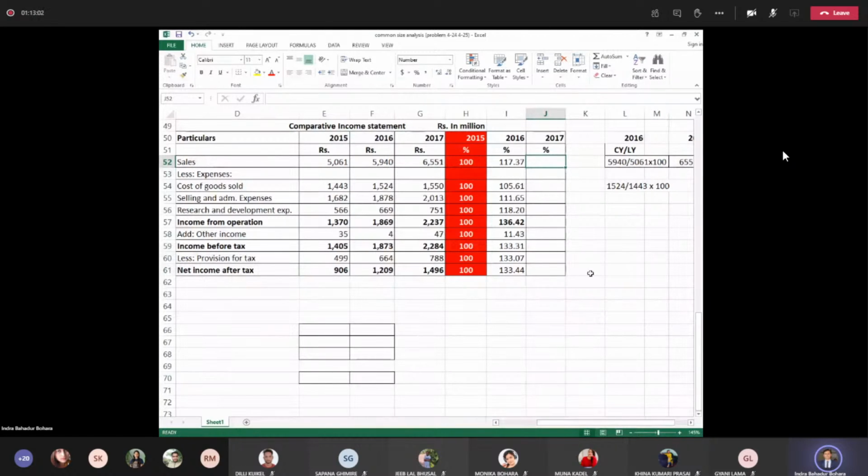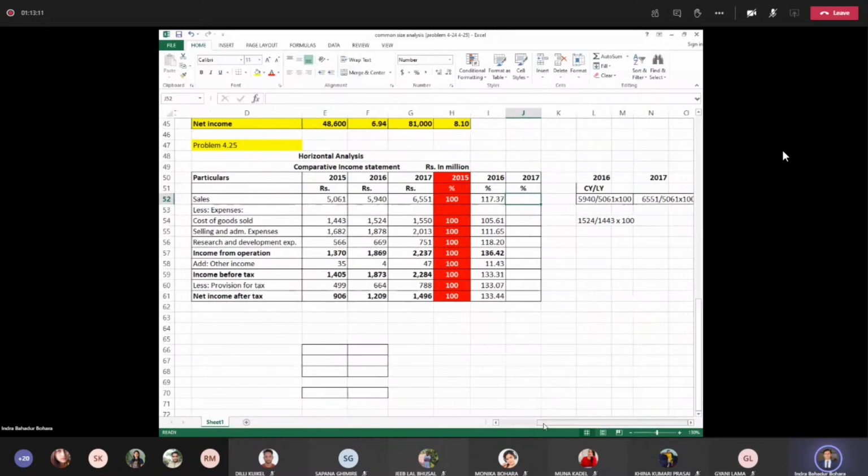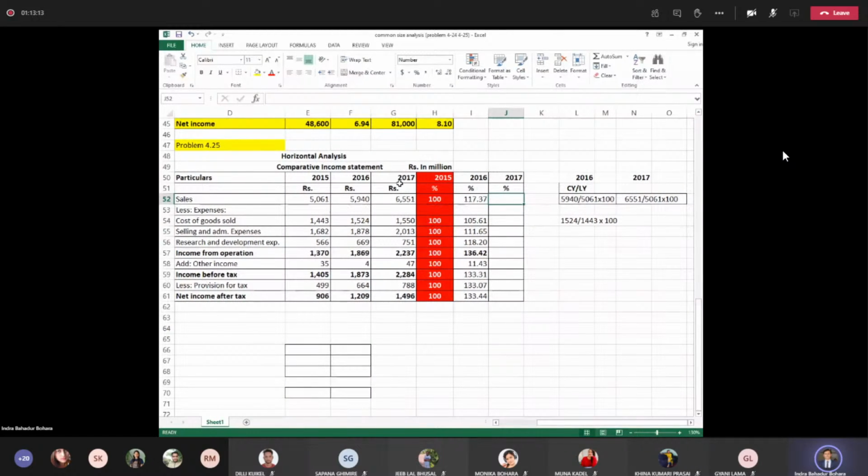And for next year also, you assume 2015 is the base year, and you calculate the percentage of 2017 on the information of values of 2015. 6551 divided by 5061, current year divided by 2015.